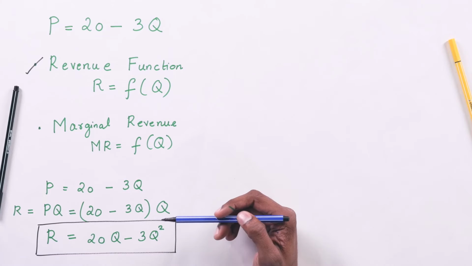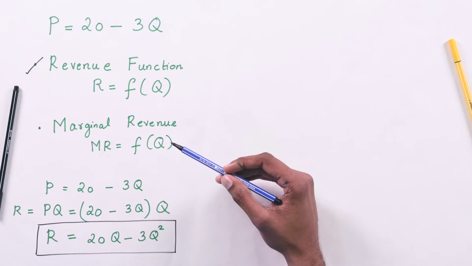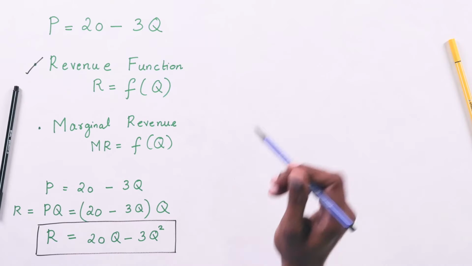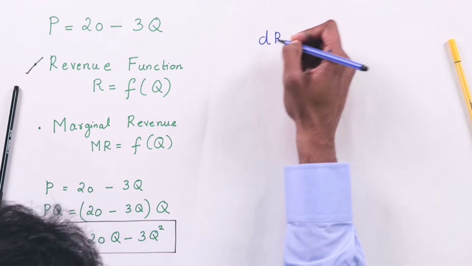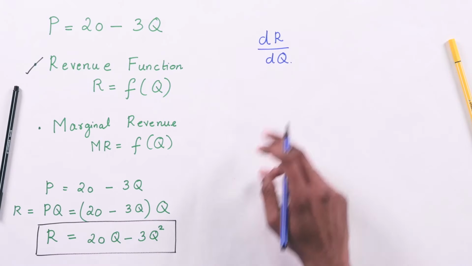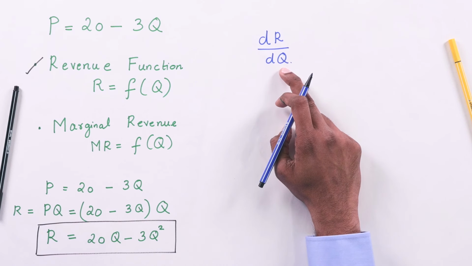Now, the marginal revenue is the additional revenue gained from selling one extra unit. Mathematically, that can be represented as dR over dQ. That is, how much additional revenue can you get by selling one extra unit of the product.